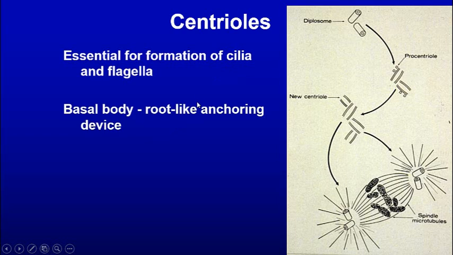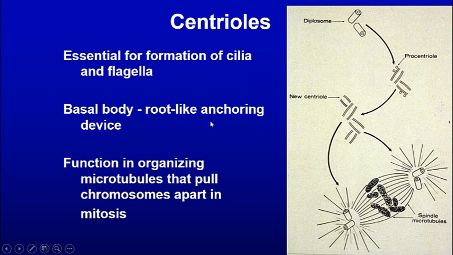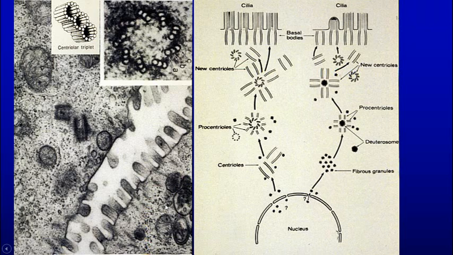In the case of cilia and flagella, basal bodies at the bottom of ciliated cells are where you see root-like devices that the cilia are produced from, and also anchored there. One function of organized microtubules is to pull chromosomes apart.